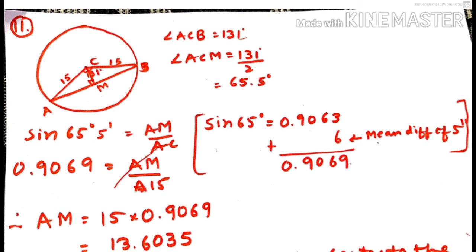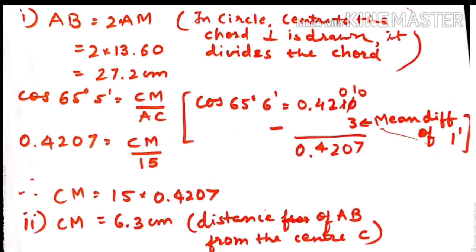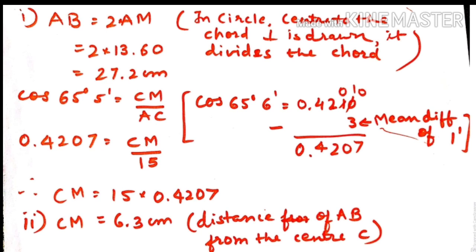Now there is a property of a circle, that if from the center you draw a perpendicular to the chord, then that perpendicular divides the chord. So here we have drawn a perpendicular from the center, so the AB value is equal to twice AM.